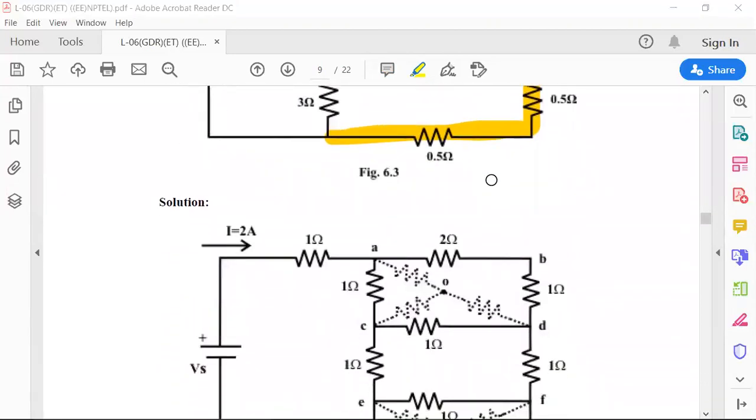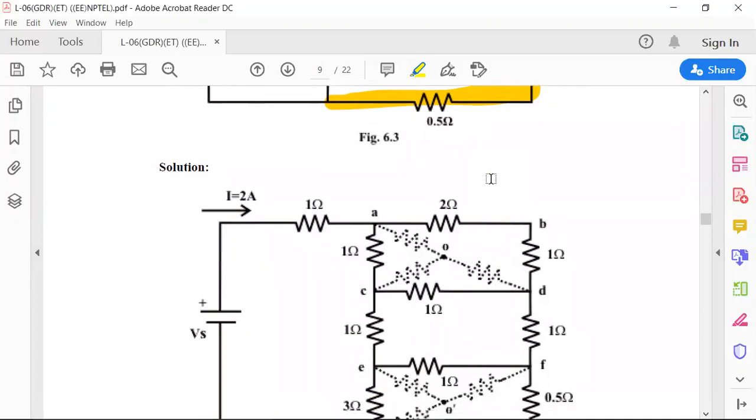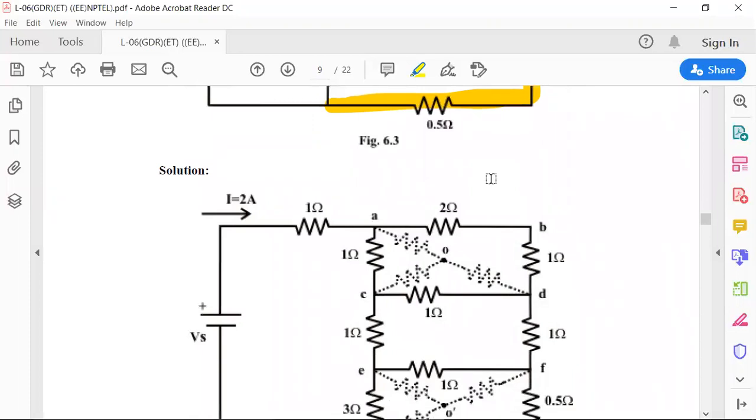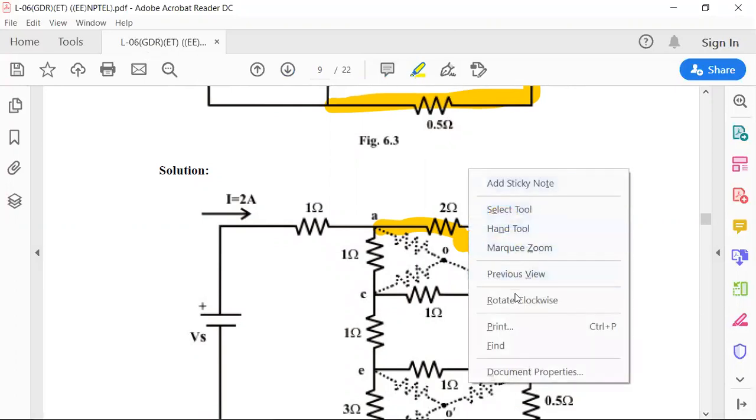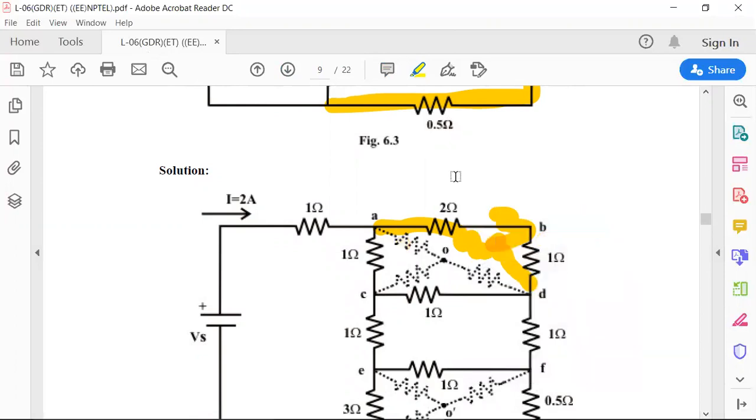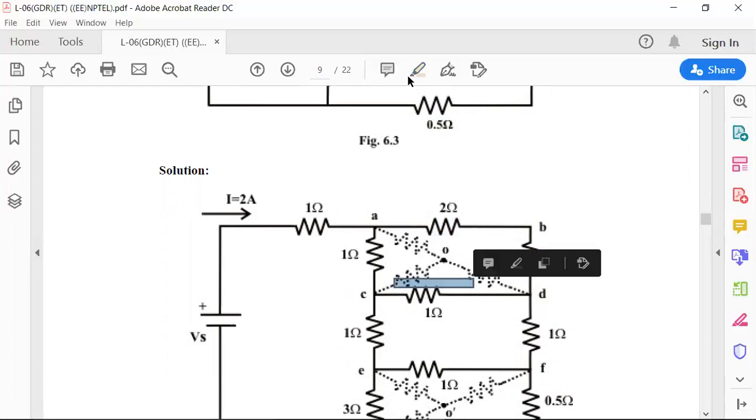Now after redrawing this is 3 ohms. After redrawing the 3 ohms, let me take the highlighted part. Let me change my tool.